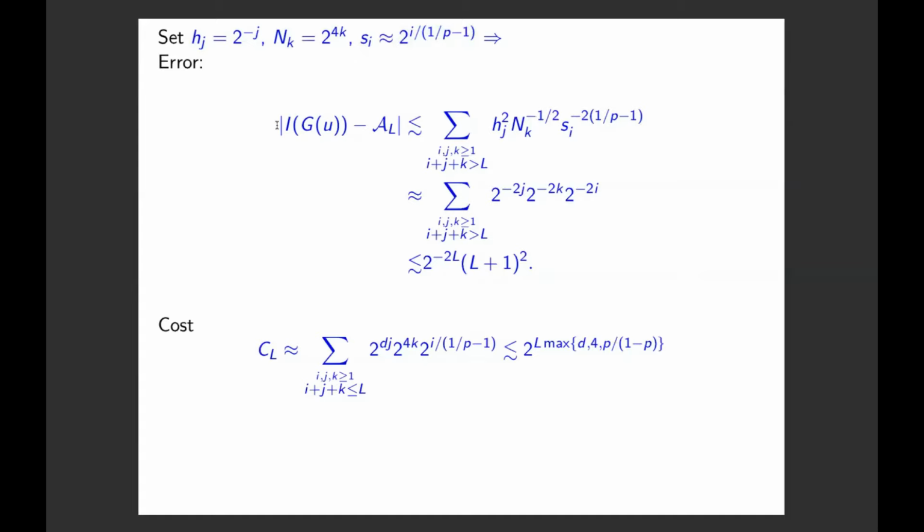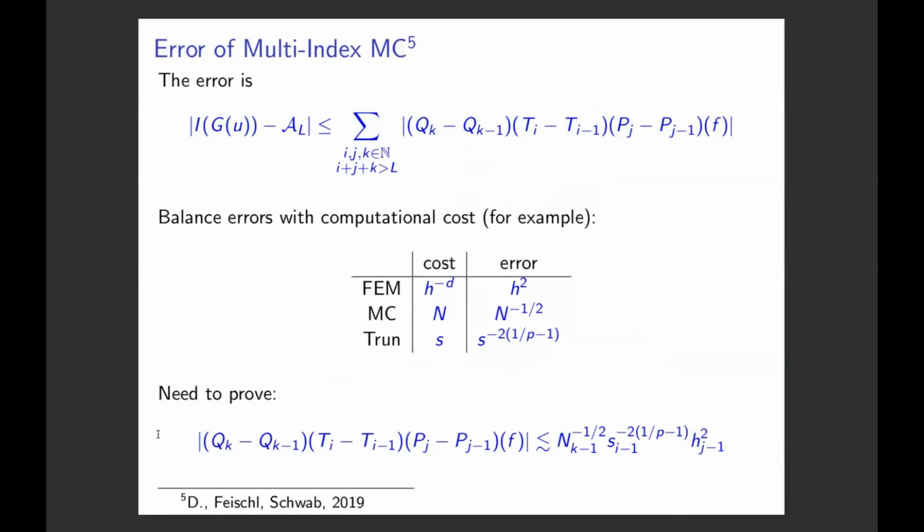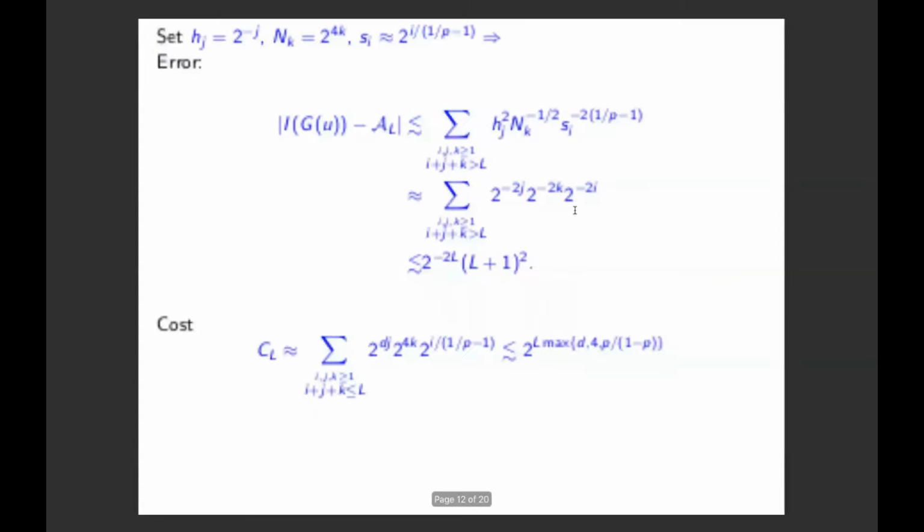Then the error of our algorithm is bounded by this sum here. I just substituted the previous bound in the expression before. So I just substituted this bound here in the expression for the error here. So then we obtain an error of this form here, where the sum is over i plus j plus k bigger than L.